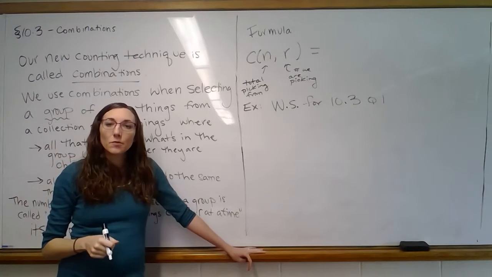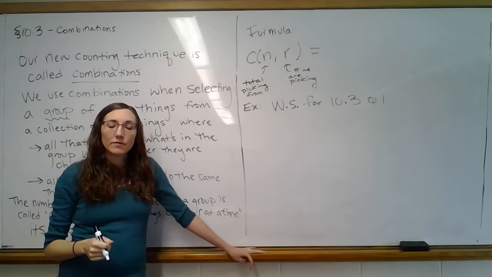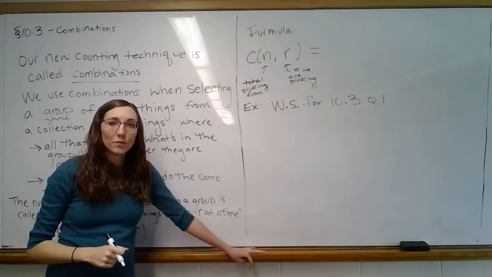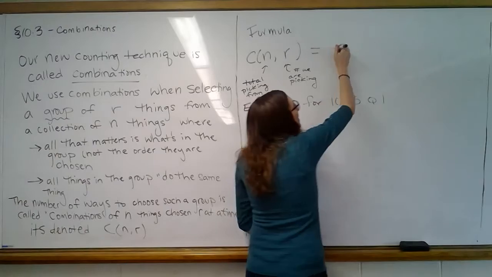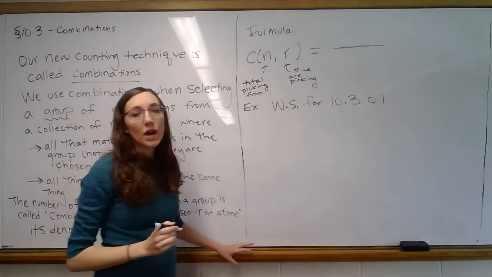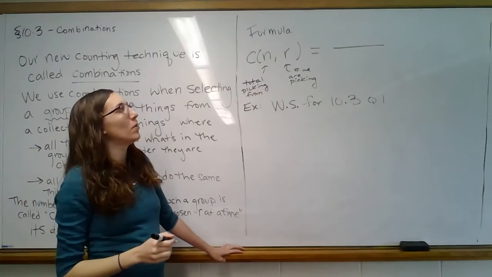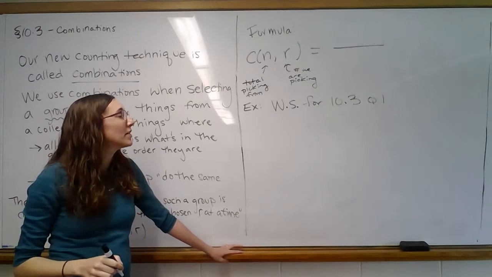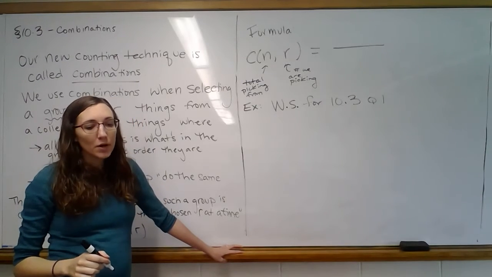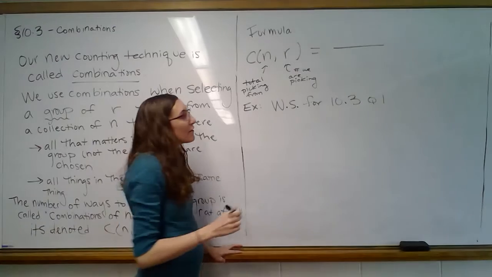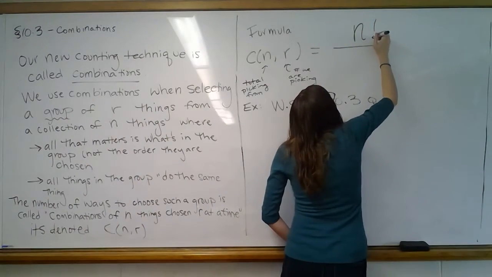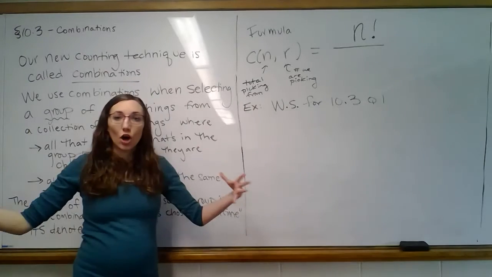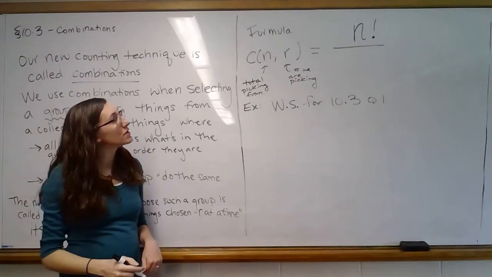Now this formula that we're going to learn is going to take advantage of the factorial that we learned last week. So that was why we practiced those factorials. We are going to have a division in this problem. What we're going to end up with is, in the top, an N factorial. So notice that one is the large group, the total that we're choosing from.